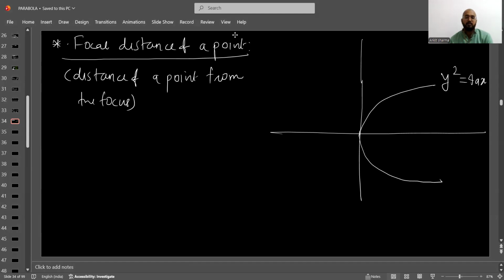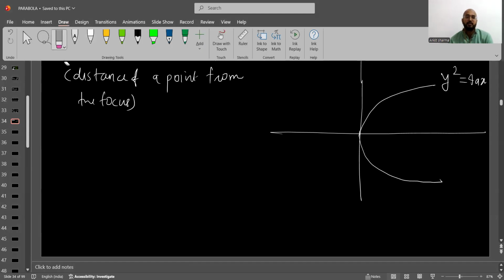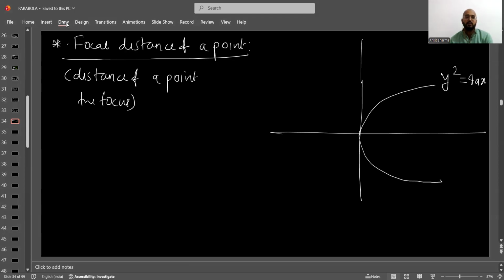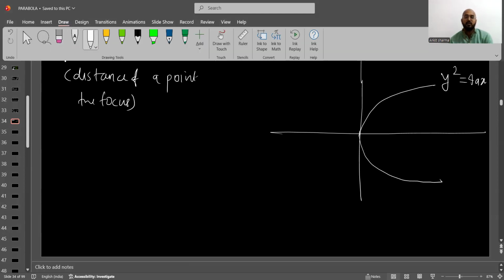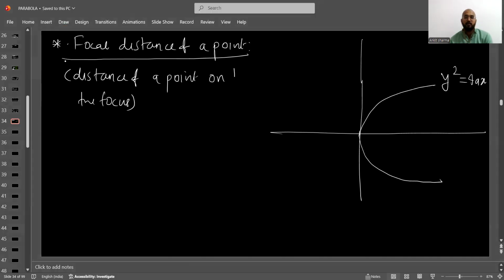Wait, please let me correct it. Focal distance of a point on the parabola from the focus. So distance of a point on the parabola from the focus is what?